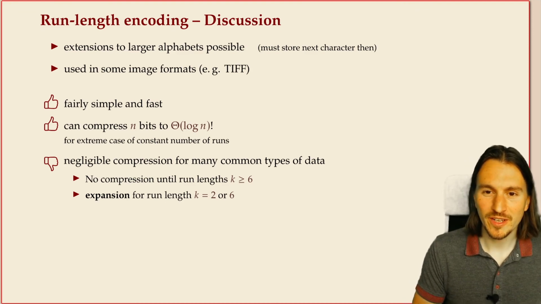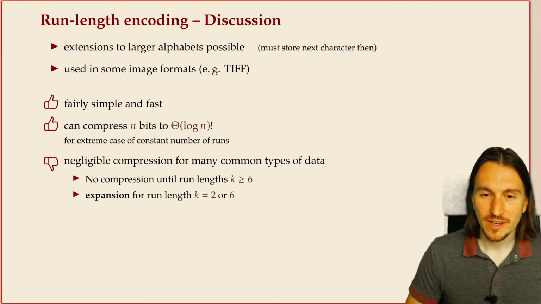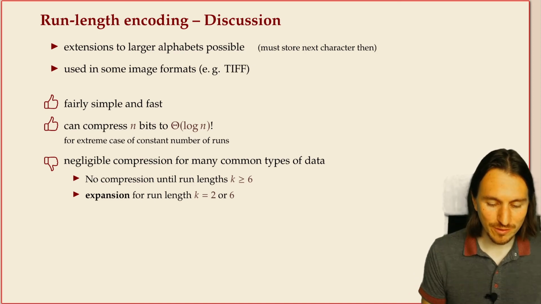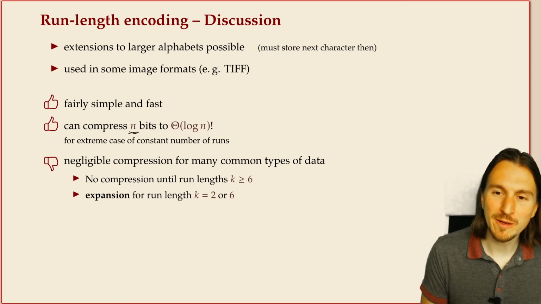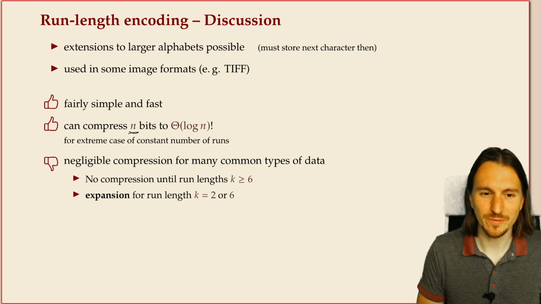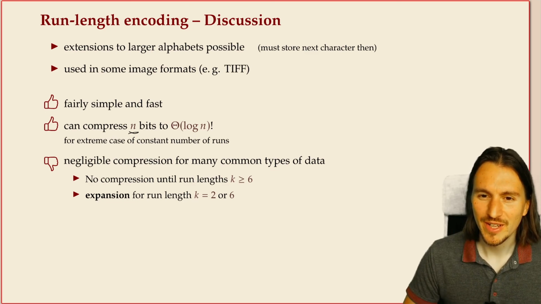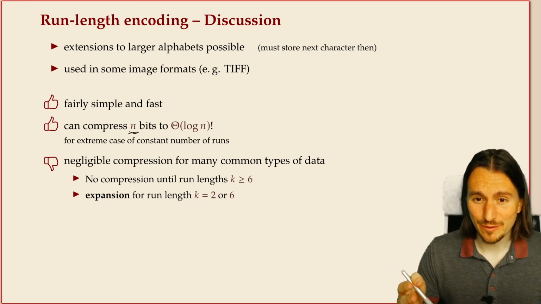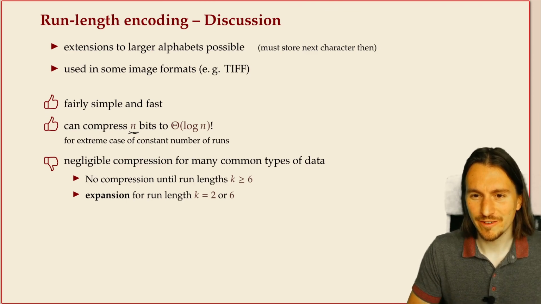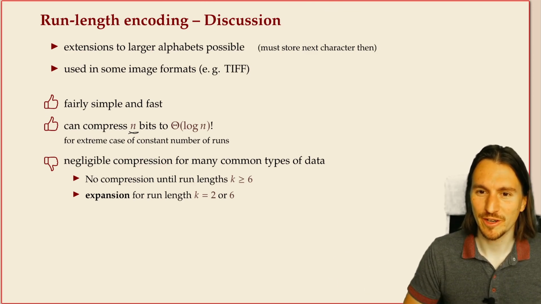It is simple. It's also fairly fast. In the best case, it achieves remarkable compression from n bits down to log n bits, roughly, factor 2 or so. But this only happens if you have very few runs, very long runs of the same character.